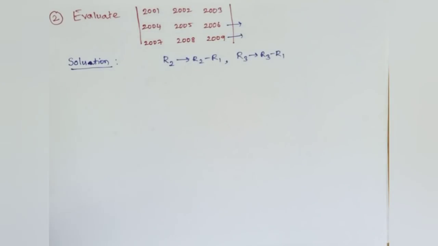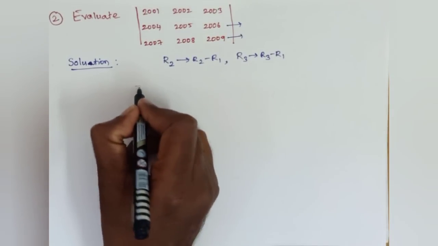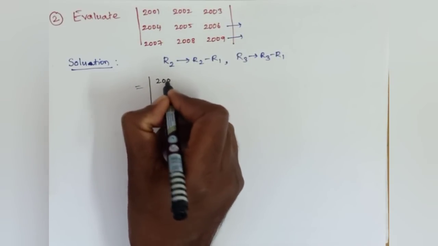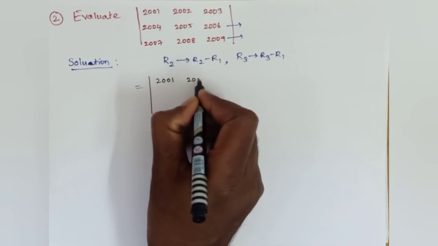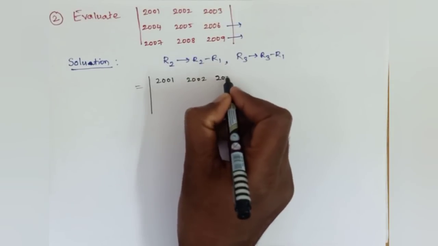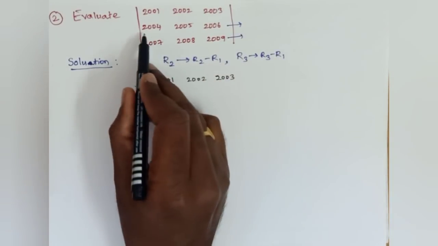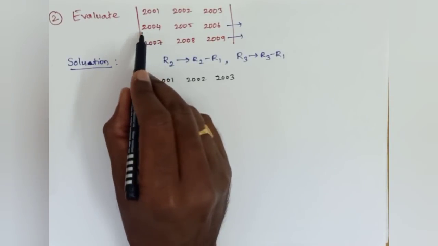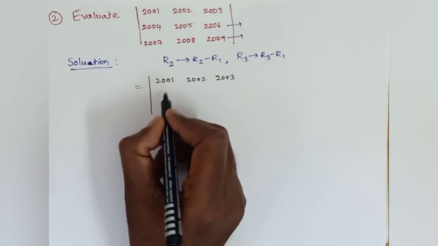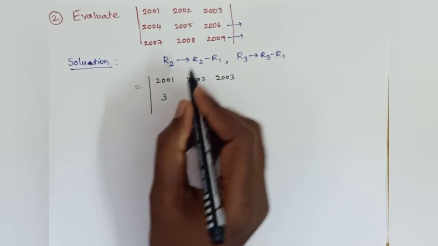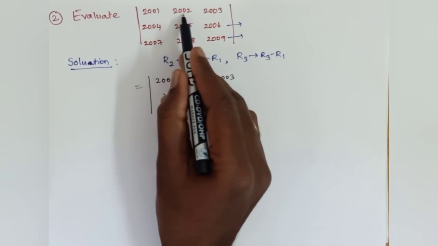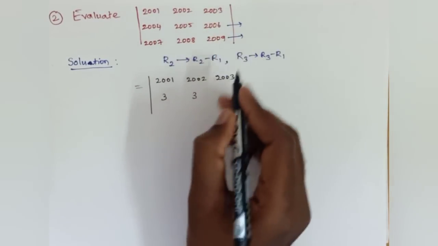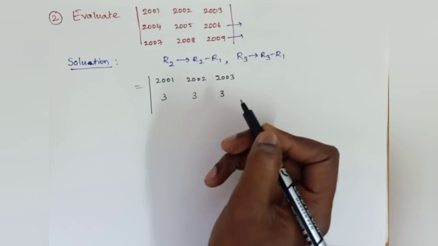While doing these two operations, there is no change in row 1, only row 2 and row 3 are changing. So the first row, 2001, 2002, 2003, is as it is. There is a change in the elements of the second row, that is 2004 minus 2001, this is 3, and 2005 minus 2002, it is 3. 2006 minus 2003, again it is 3.